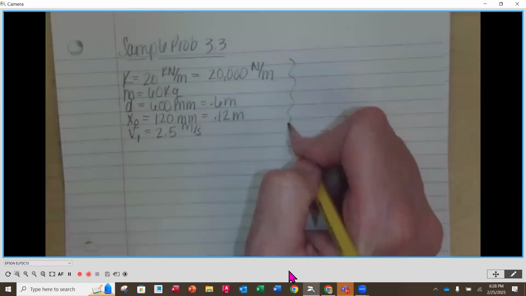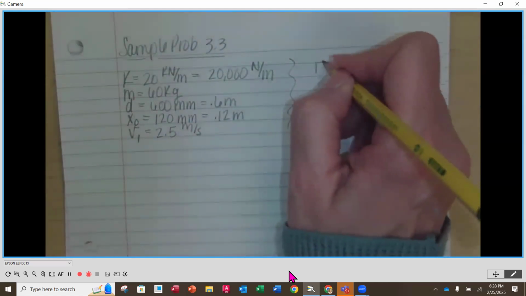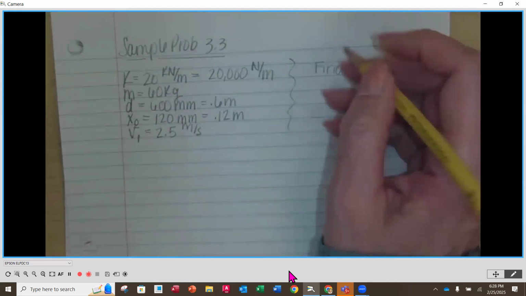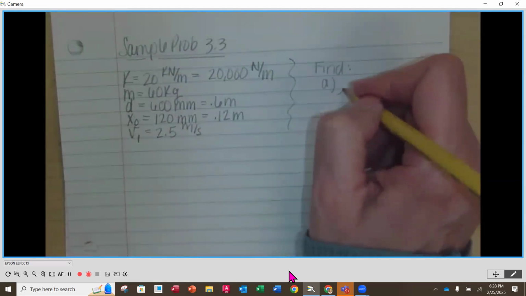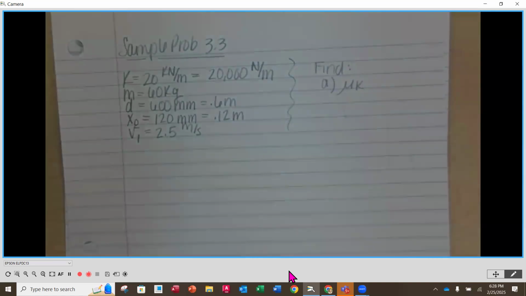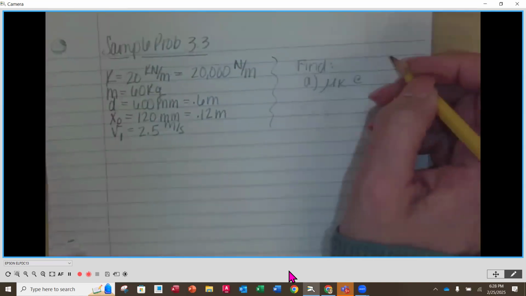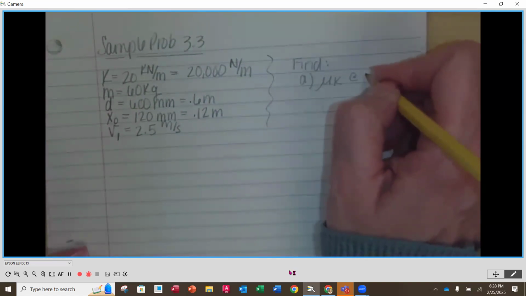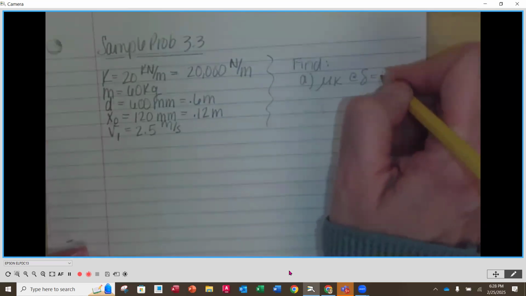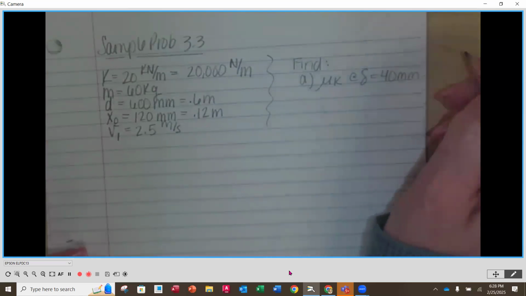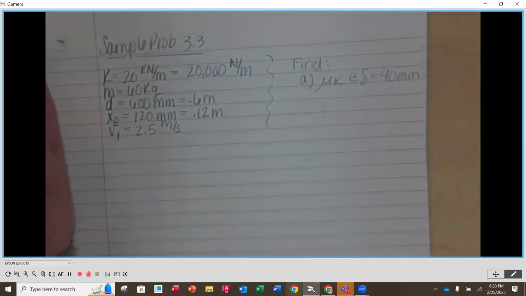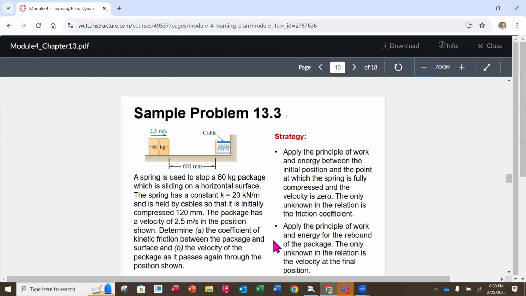Now, as it says in the problem, I'm going to have to find part A. I want to know what the coefficient of kinetic friction is at the place when we have an additional deformation of 40 millimeters. What that means is, we go back to the problem.